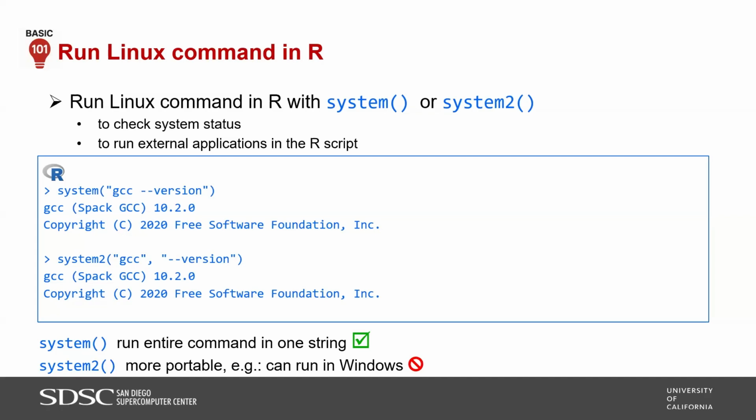The system function can run the entire command in one string, so you don't have to divide your Linux command and arguments into different sections, which I would like to recommend. The system2 function is more portable and it can run in Windows, but we don't have Windows in our HPC environment. So generally, I would suggest you use the system function to run Linux command.